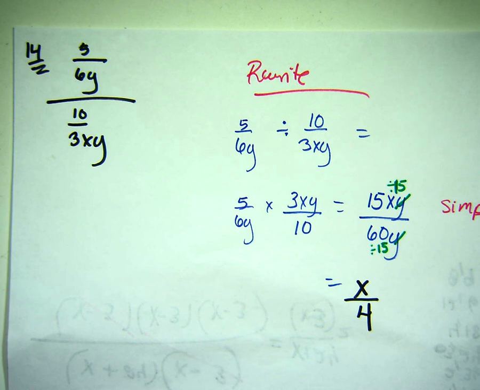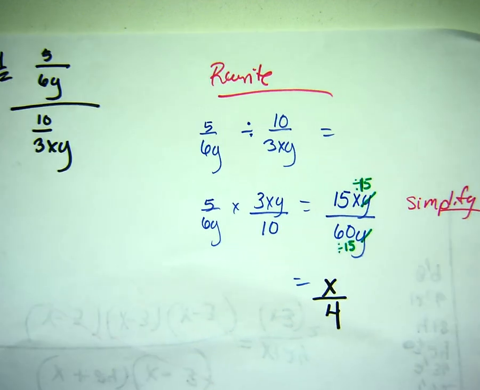And no, I'm not talking about Kentucky Fried Chicken, even though it is lunchtime right now. What I mean is I'm going to keep my first fraction, which is 5 over 6y, flip my second fraction, so now I got 10 over 3xy, and change my division to multiplication. So that's what I'm doing right here.